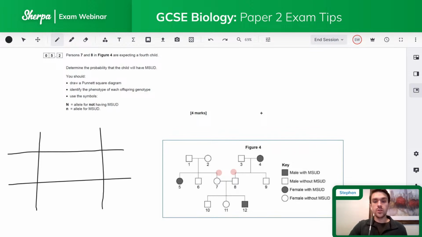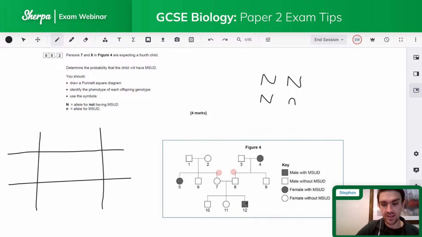So the question is, is their genotype homozygous dominant, in other words capital N capital N, or heterozygous, capital N, little n? Well, if they are having offspring that are affected, as in person number 12, they must carry a recessive allele somewhere. And both of them must do that in order to get 2 recessive alleles in person 12. So we know that the parents, both 7 and 8, must be heterozygous. We know that for sure.